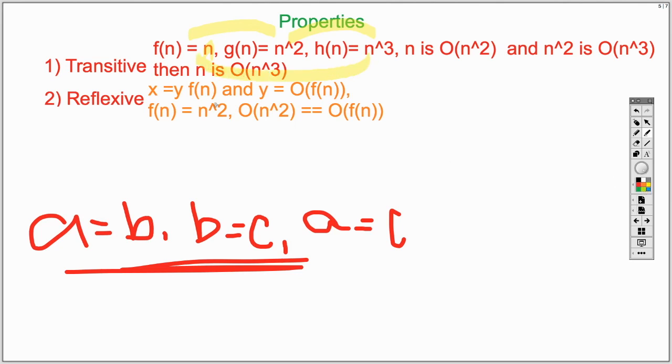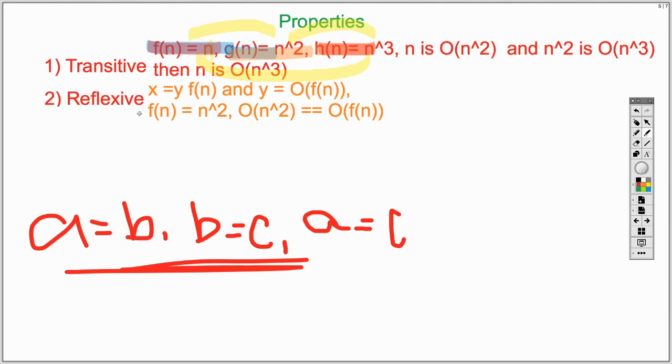So basically, if f(n) equals this, and this equals this, then these two have to be equal. That's what the transitive property is all about, and that's how we apply it in computer science with our notations.